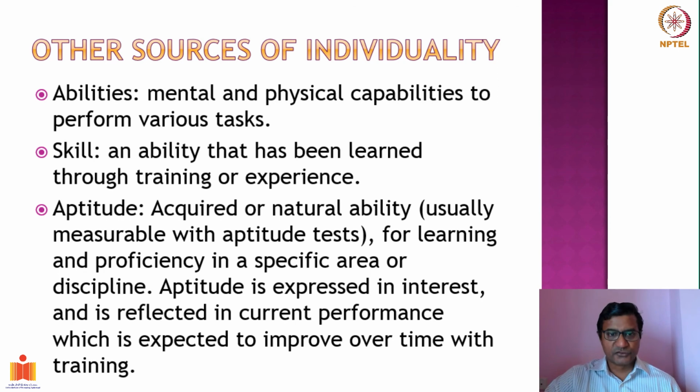And we also discussed their relevance in work context. We also looked at broadly how personality is measured, projective tests and objective tests. And in the last slide, we looked at the other qualities which differentiate individuals apart from personality. So I'll stop here.